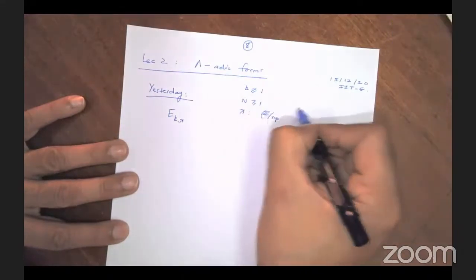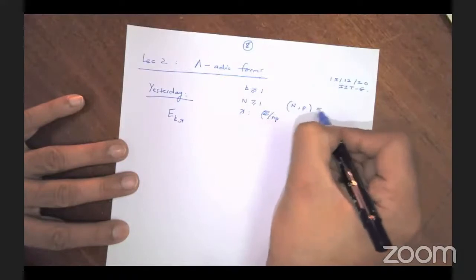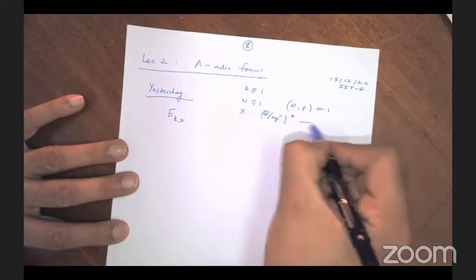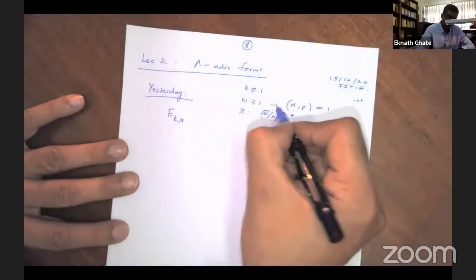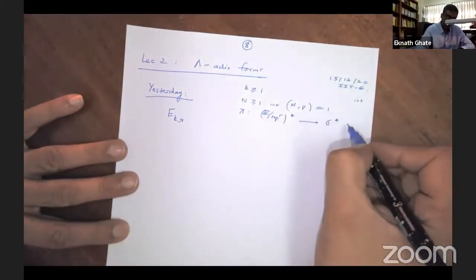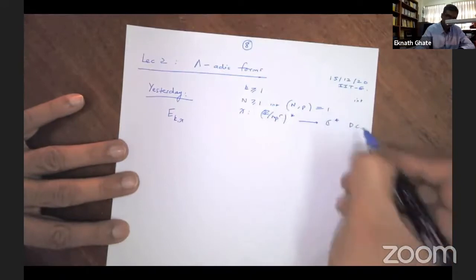So p is prime to n. This was a Dirichlet character, with integer n coprime to p.